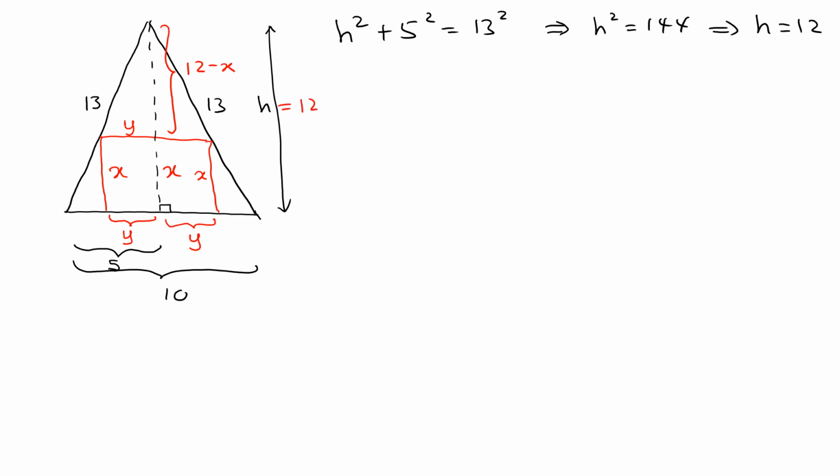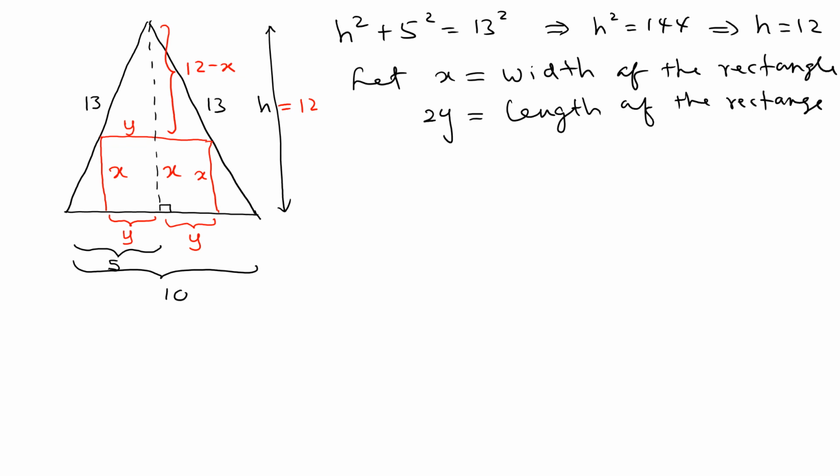Now we can use similar triangles to find the relation between x and y. So let's start the problem now. Let x equal the width of the rectangle, and 2y equal the length of the rectangle. First, we're going to find a relation between x and y.